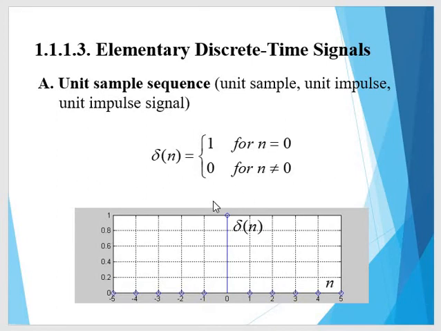Delta n is the basic signal of discrete time signals, because if I shift this signal left or right, or multiply this signal with any value, any type of signal can be created. So this is the elementary or basic signal of discrete time signals.